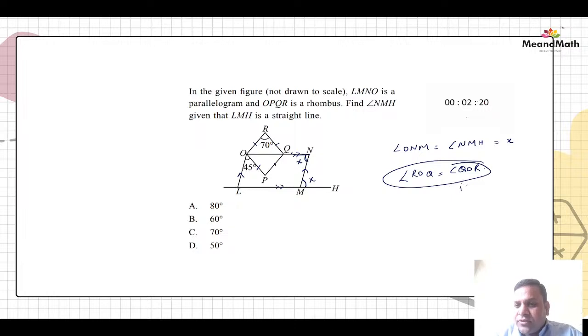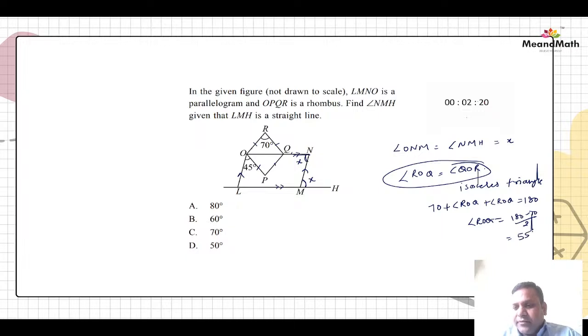Because it is an isosceles triangle. Then 70 plus angle ROQ plus angle ROQ is equal to 180 degrees. So angle ROQ is equal to (180 minus 70) upon 2, which is 55 degrees. So this angle is 55 degrees.